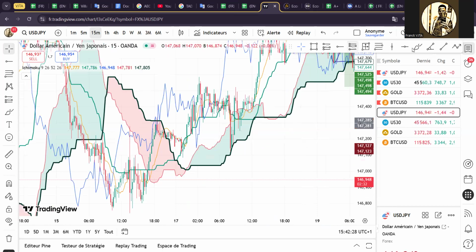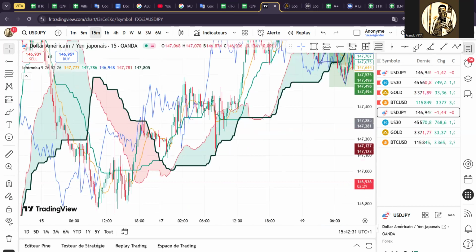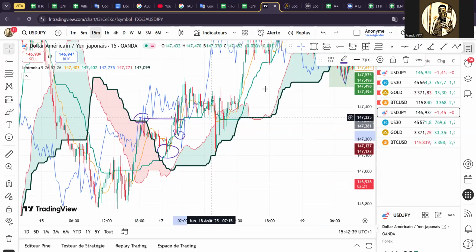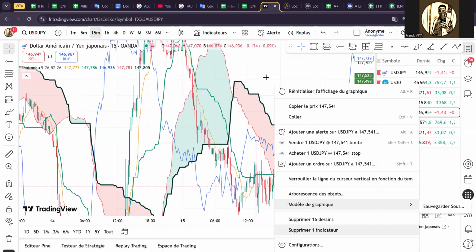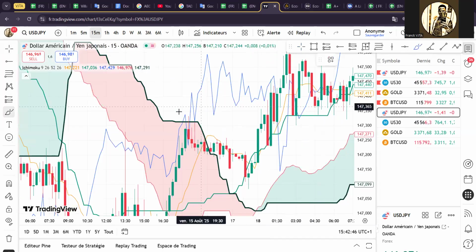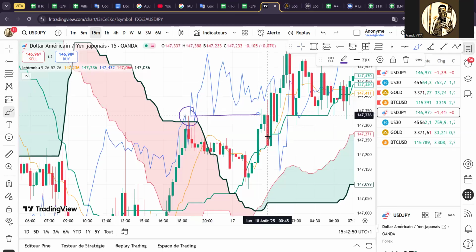Even here, this will have been the first entry. The second entry will be this retracement just right here, because this wick is broken here, so the retracement is this red candle.